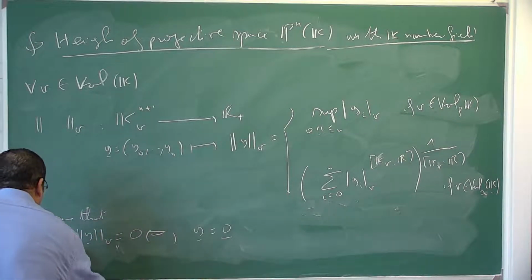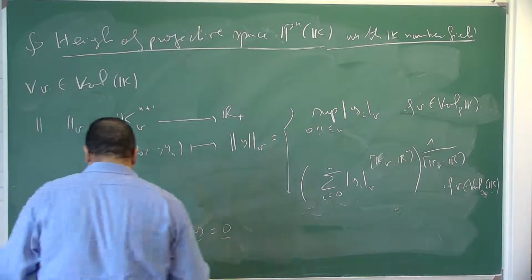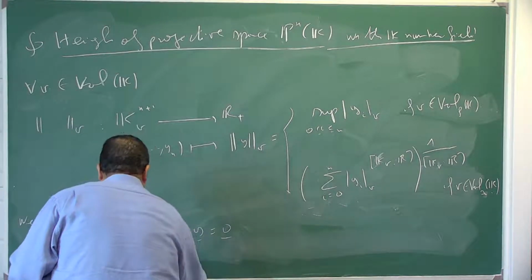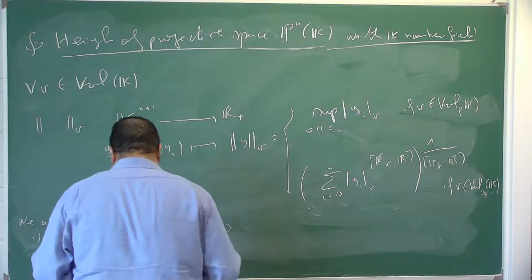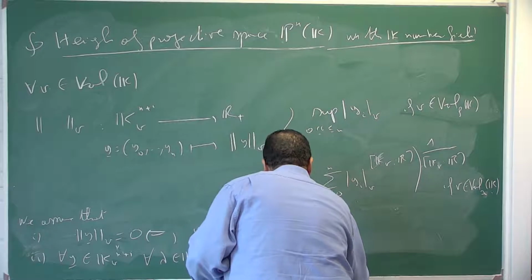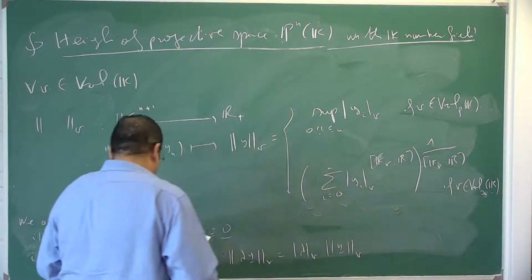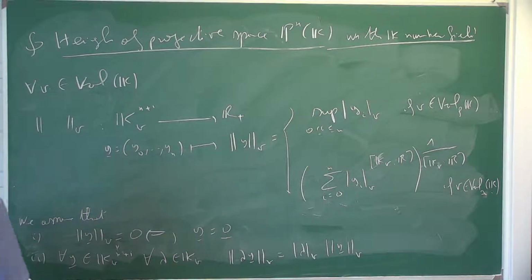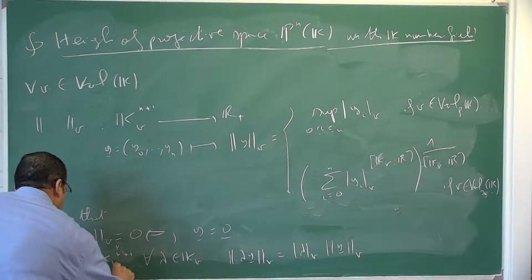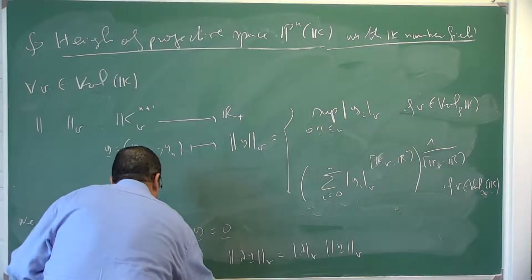For any y in K_v^(n+1) and for any lambda in K_v, we have the norm of lambda y equal to |lambda|_v times the norm of y. We assume also that the function is continuous.